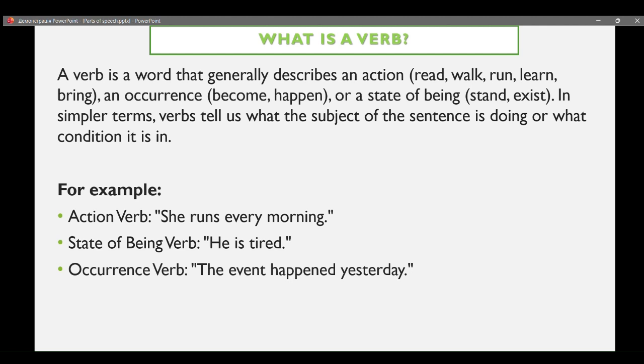For example, action verb: She runs every morning. State of being verb: He is tired. Occurrence verb: The event happened yesterday. In both simple and complex sentences, verbs give structure and meaning to the sentence.